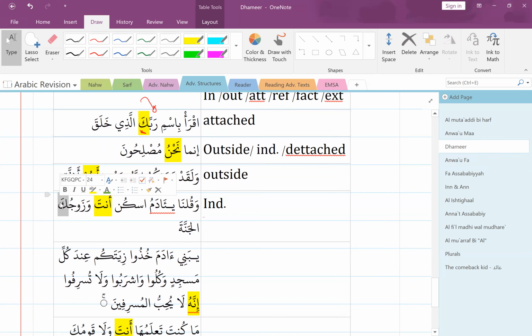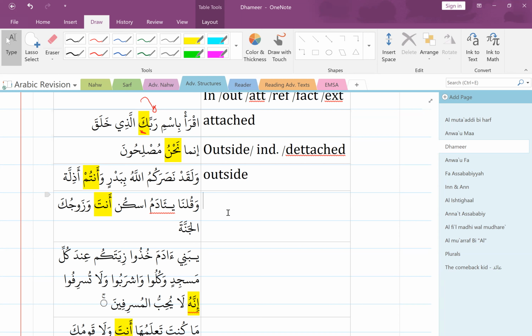Zawjuka is attached. No, sorry, the anta was zawjuka, you and your spouse. Yes, sorry, it's not independent. Oh, look, there's a waw. There's ma'tuf, there's atuf. So what is this?